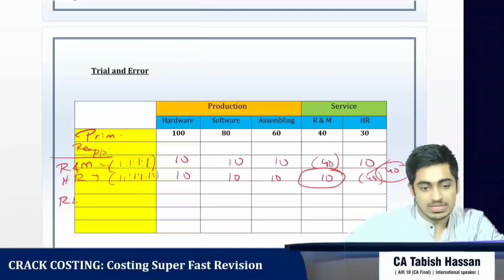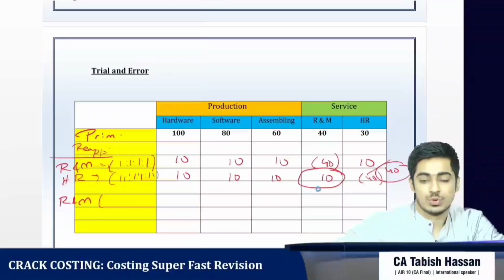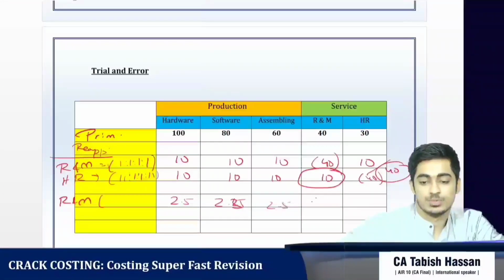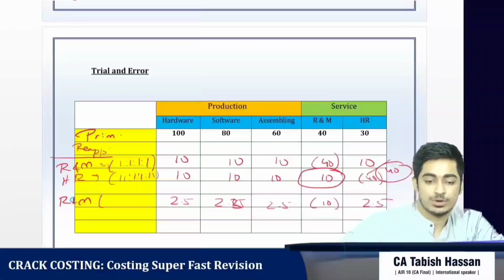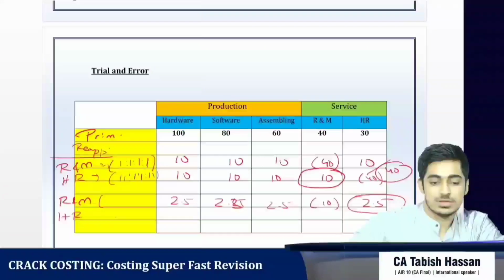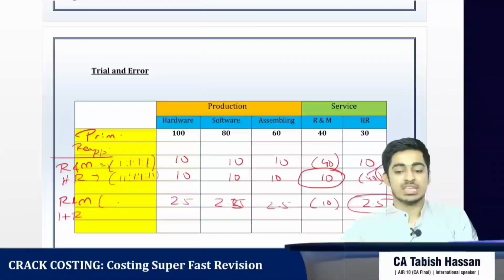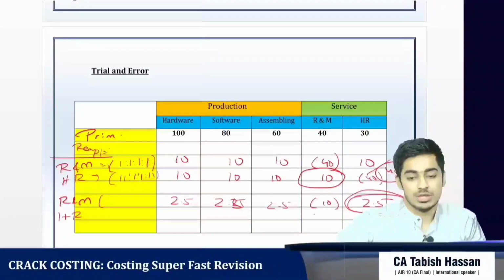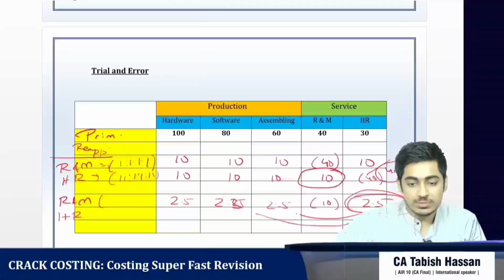Again we repeat the cycle. So at 1:1:1:1, the 10 rupees we do as 2.5, 2.5, 2.5, 2.5. Now we have 2.5 for HR. We again do it, but this time, because the amount has become significantly smaller, we distribute it only to the production departments.